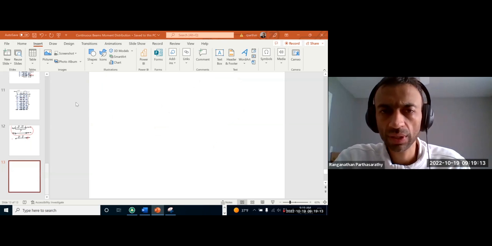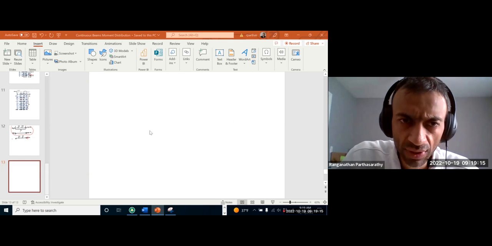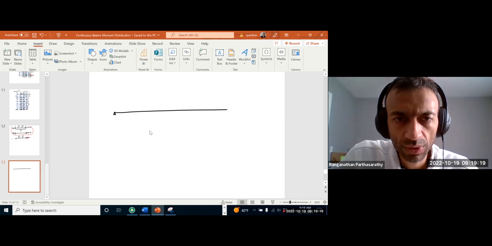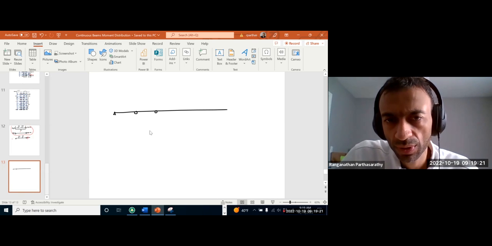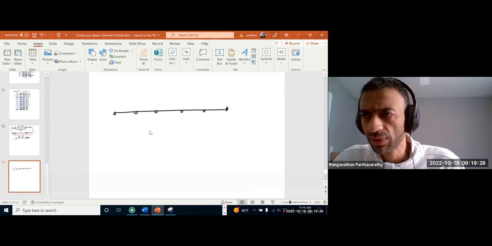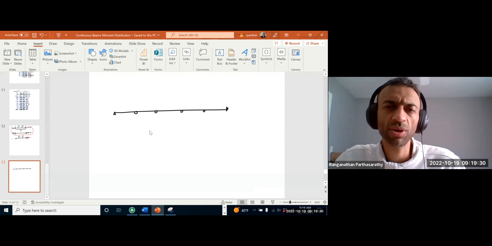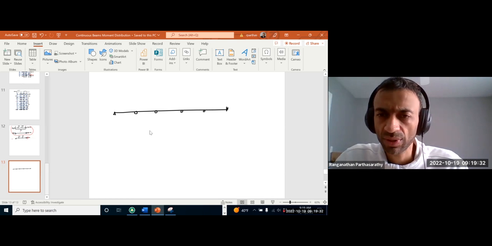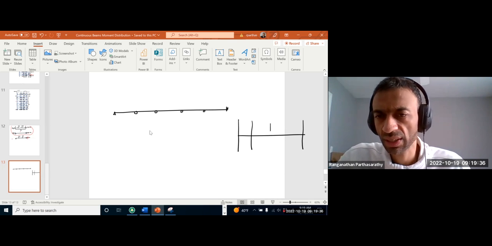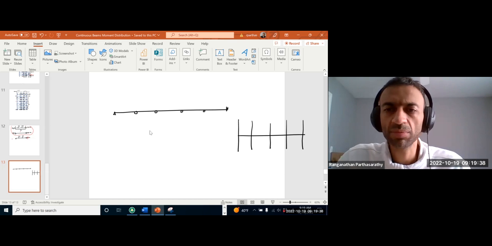So, see here, supposing I have a continuous span, something maybe like that. It will be there in every box frame, right? So the span will be like there are columns and then there are many beams in between them.